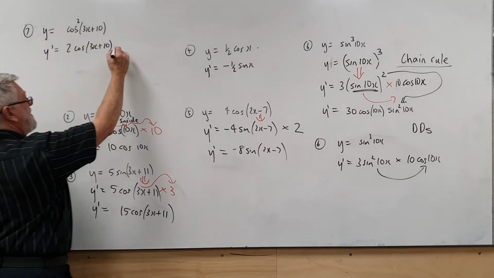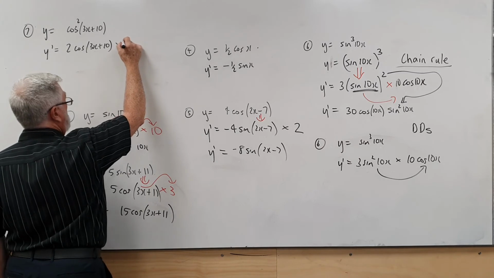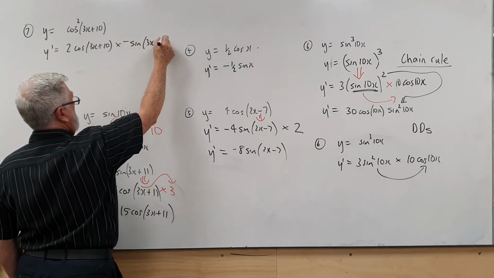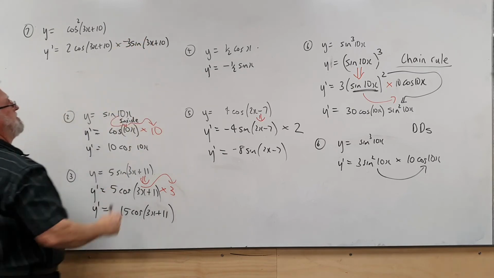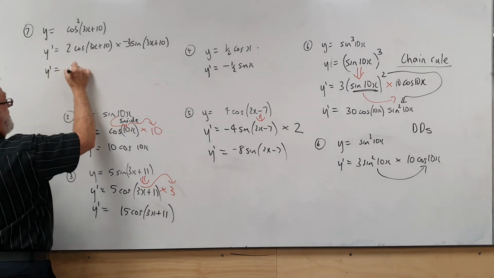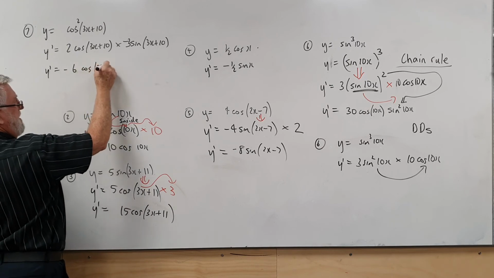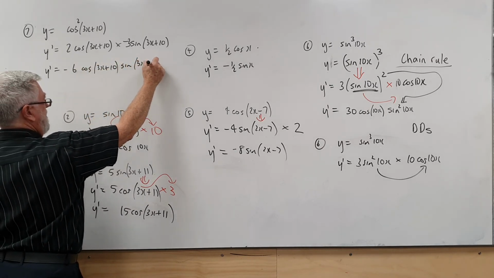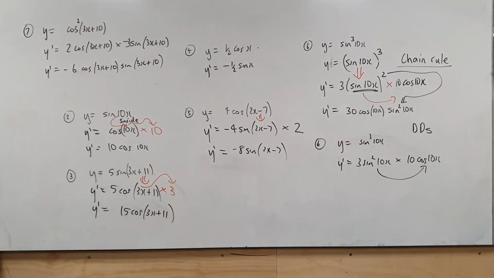But then remember to times by minus sine 3x plus 10 with a 3. A bit revolting. That really messes people's brains up. There you go, it's minus 6 cos of 3x plus 10 sine of 3x plus 10, and most people would probably write the sine first instead of cos.